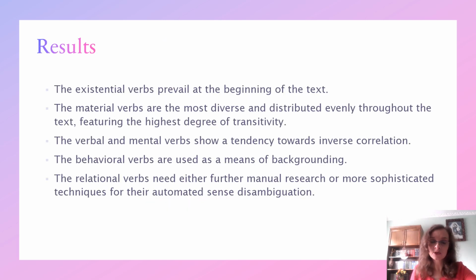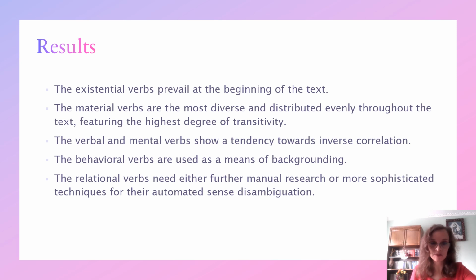And finally, we can draw some conclusions. The existential processes prevail at the beginning of the text. The material processes are the most diverse and distributed evenly throughout the text, featuring the highest degree of transitivity. The verbal and mental verbs show a tendency towards inverse correlation. The behavioral processes are used as a means of backgrounding.